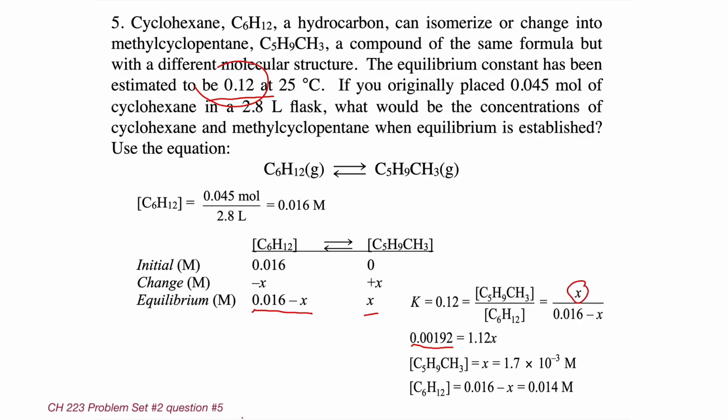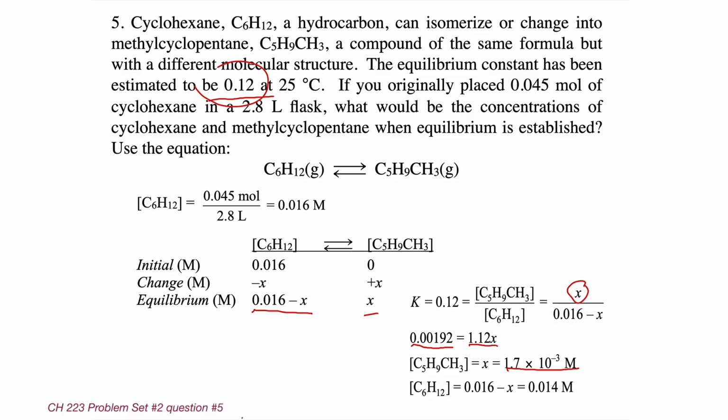So if you add 0.12X to both sides, you get just the 0.0192 number on the left and 1.12X on the right. Divide both sides by 1.12 to get X by itself, and X comes out to be 1.7 times 10 to the minus 3.